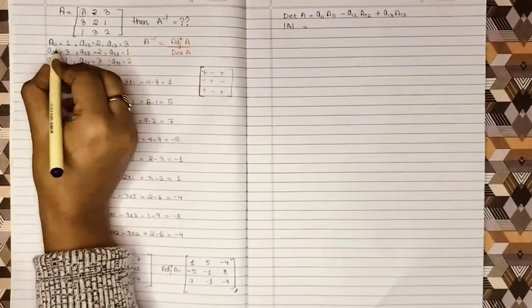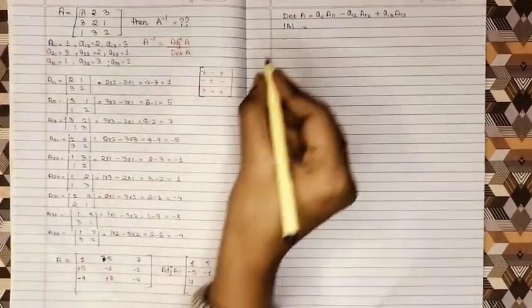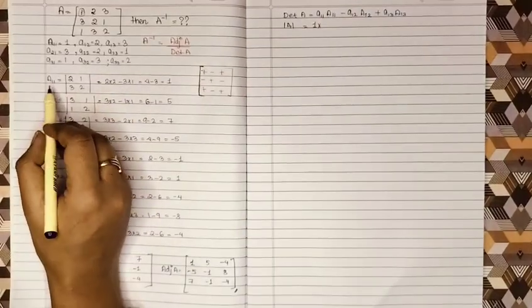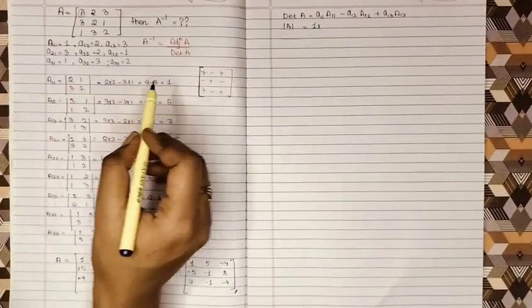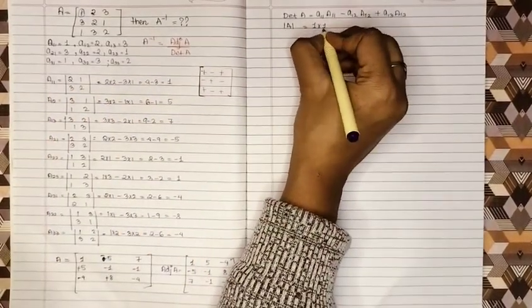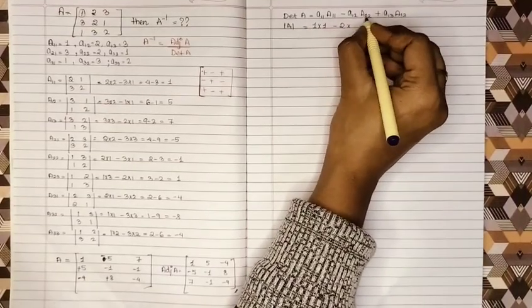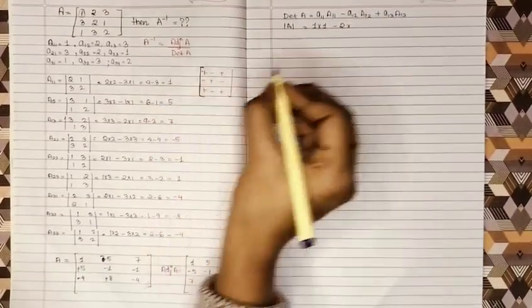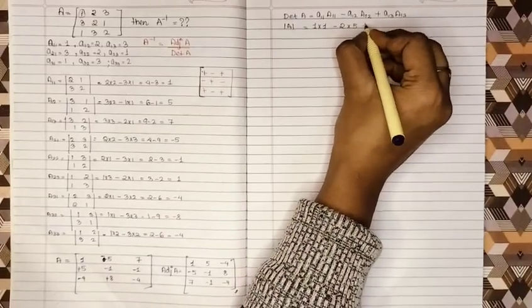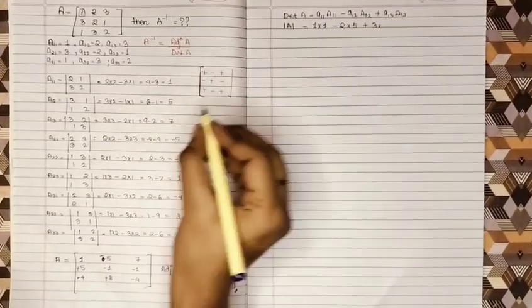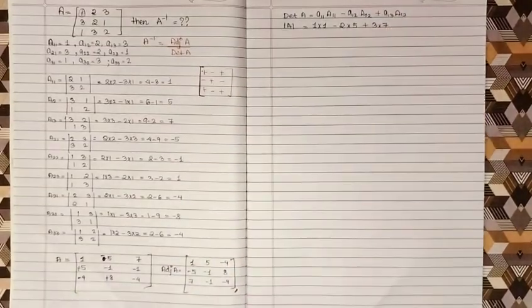So A11 is the 1 which we had earlier, so that is 1 into the cofactor of 1 1, which we got as 1. Similarly A12 we have 2 into the cofactor of A12, which is 5. Plus A13 is 3 into the cofactor of A13, which is 7.